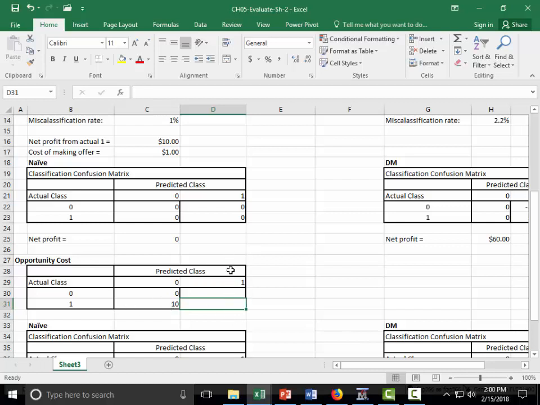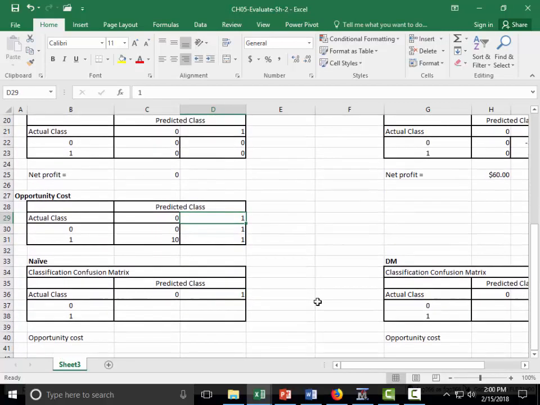All the ones that you're predicting as 1, the cost is just $1 each, because you would make an offer which costs $1. Okay. So this is the opportunity cost matrix, per case, per individual. So now let's compute the cost for naive and data mining. Here, how many in each cell?